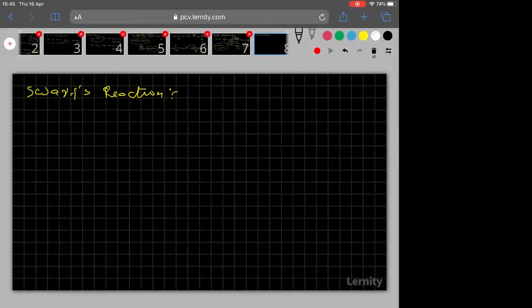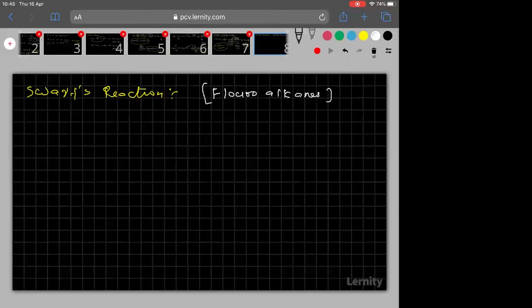Remember, the Schwarz reaction is exclusively used to prepare fluoroalkanes only. Till now we didn't prepare fluoroalkane anytime. So the Schwarz reaction is used to prepare exclusively fluoroalkane.